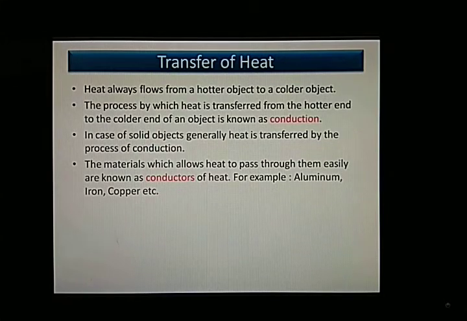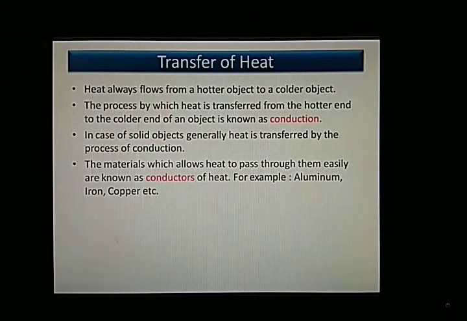So among these solid objects also, there are some objects which allow the heat to pass through them. That's why these objects get heated up, and they are known as conductors. For example, aluminium, iron, copper, all these are generally metals. Also they are solid objects, not liquid or any other fluid.